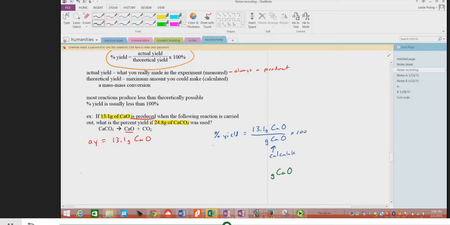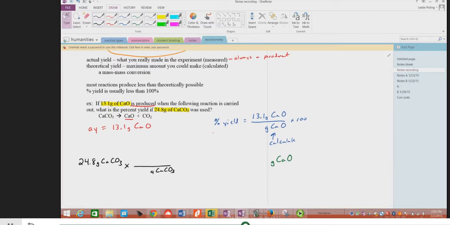So we're going to start with our 24.8 grams of calcium carbonate. I'm going to put grams of calcium carbonate on the bottom, moles of calcium carbonate on the top.